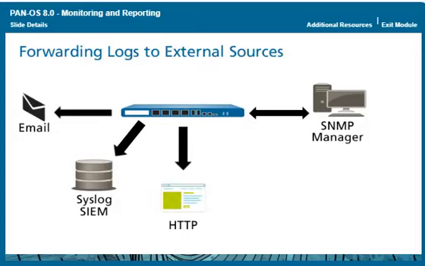This capability allows the firewall to integrate with external systems that provide an HTTP-based API and to trigger automated actions when a specific event occurs on the firewall. Logs most commonly are sent to Panorama or to an external syslog server for long-term storage and analysis.